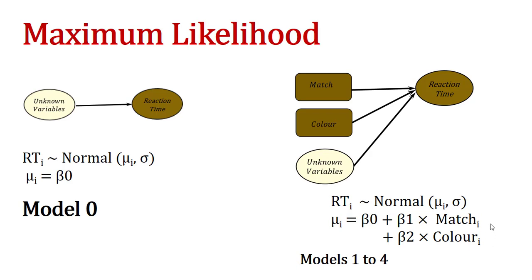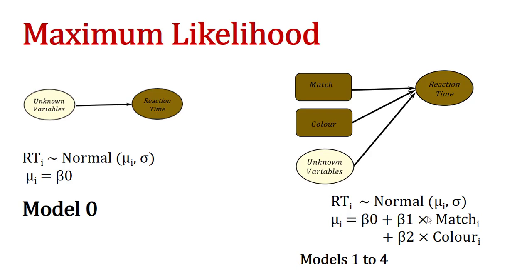And beta 3, which is the interaction, actually means how much we have to adjust in the condition in which match is 1 and color is 1, over the effect that we already calculated.